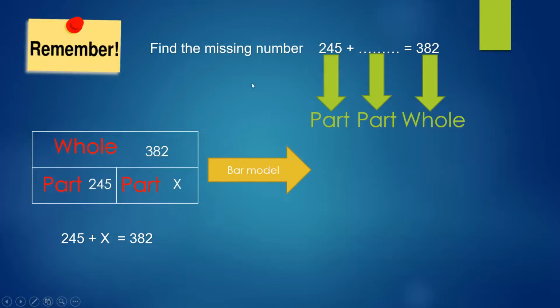So again, if I want to find the missing number in addition, we know that the first number is part, the second is part, and the total number is the whole. If I want to represent it in a part model, we can draw this rectangle and divide it like this, and up we will put the whole, and down we will put the two parts, the number and the missing one, which we called x.